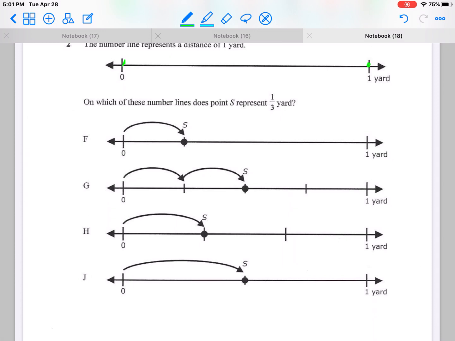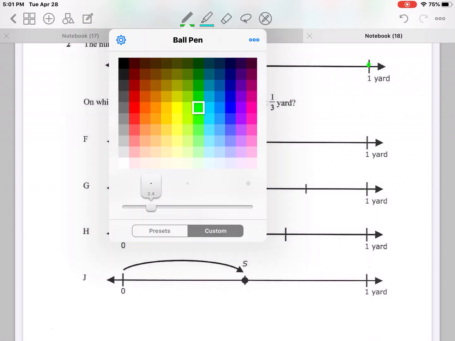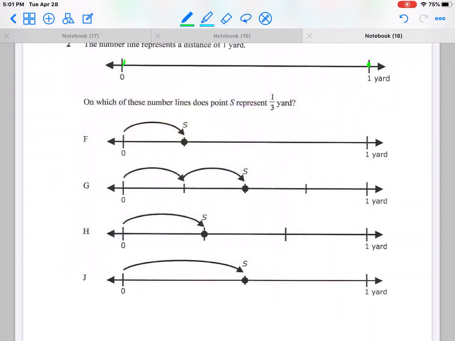Let me analyze my information. Let me look at letter F. What do I notice? I notice that this number line does not have equal parts because this part is not equal to that one. So, okay, I can tell that.